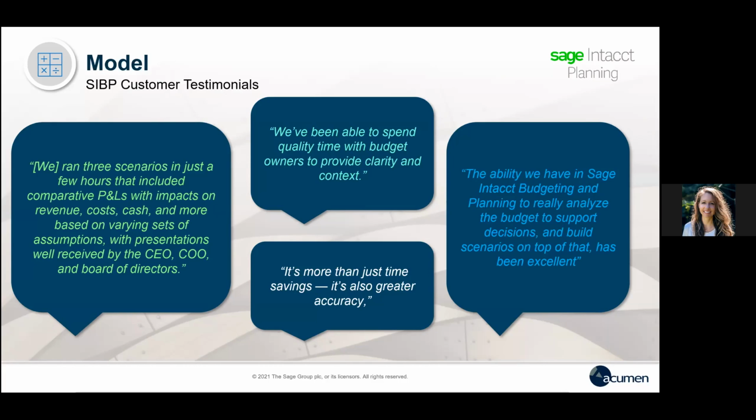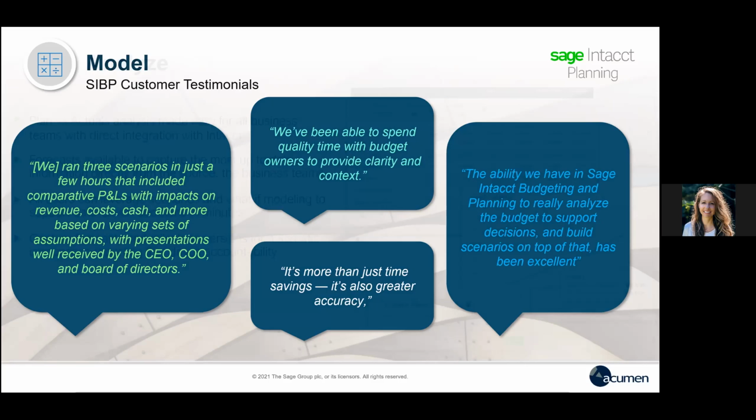They were able to spend additional quality time with budget owners to provide clarity and context. Not only is it a time saver, but it also has greater accuracy. And over there on the right-hand side, Sage Intacct Planning is really there to support decisions and build scenarios on top of the budget. So really great feedback from our customers around the modeling capabilities.